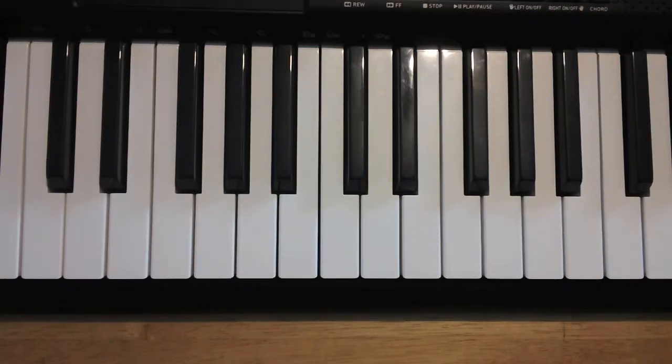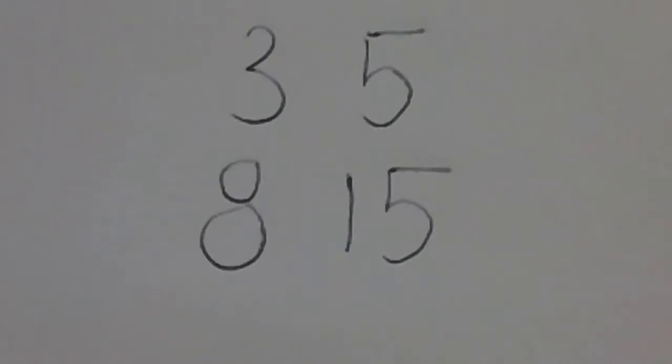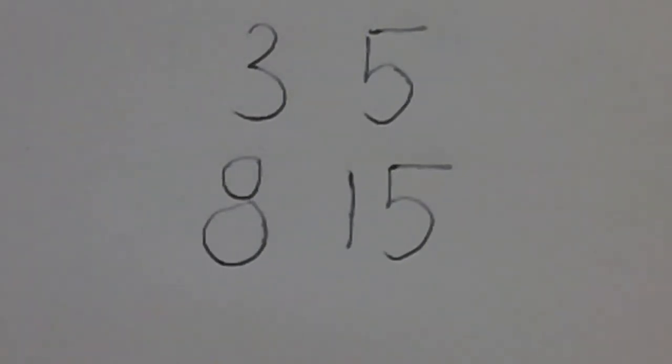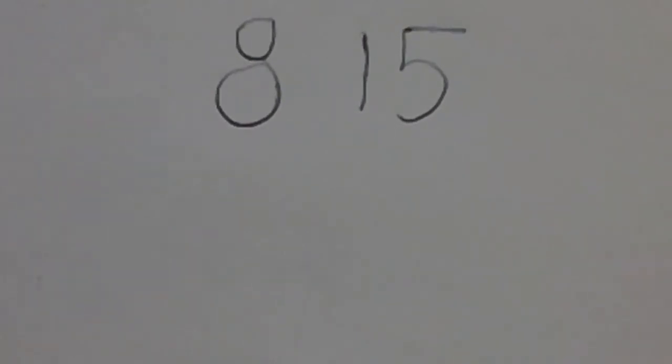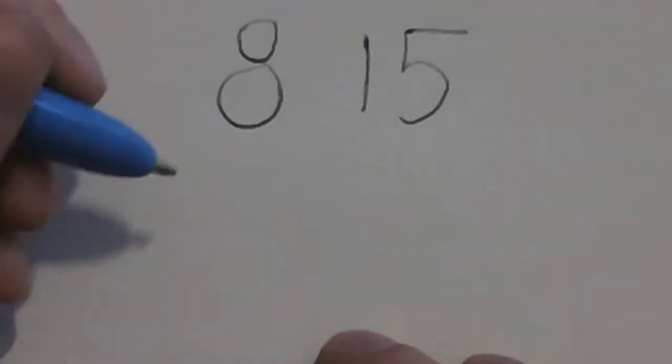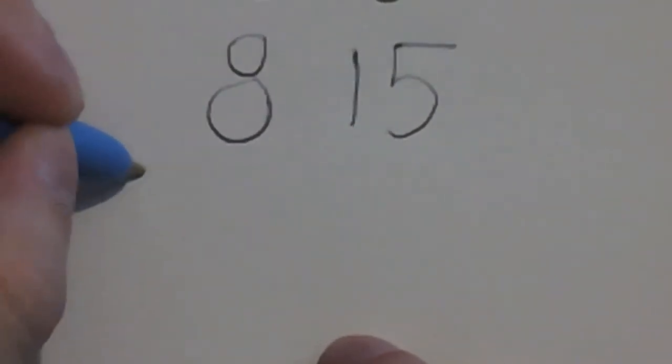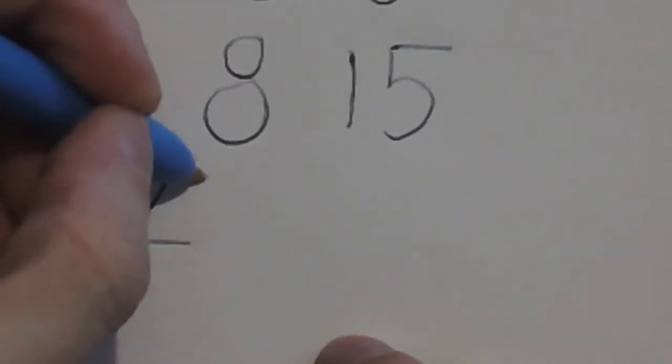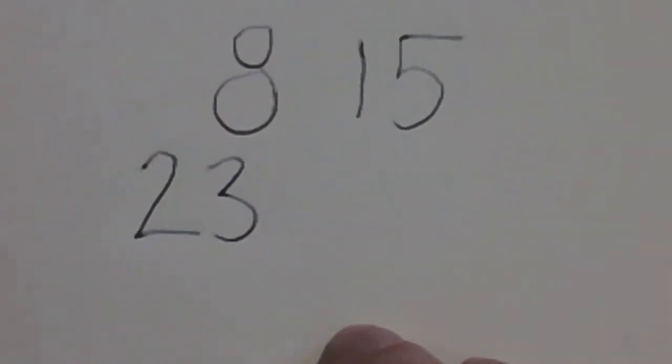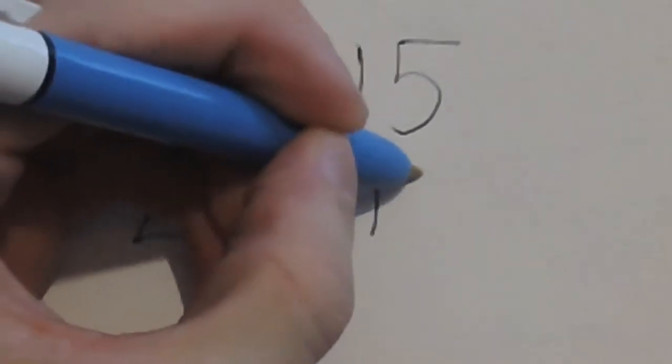So, wow. How about that? So, I've showed you 3 and 5, and 8 and 15, and how they show up in music. Now, let's look at 8 and 15. Alright, 8 plus 15 is 23. And 8 times 15 is 120.